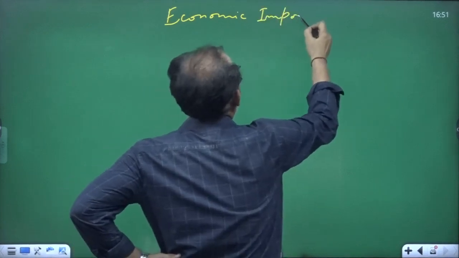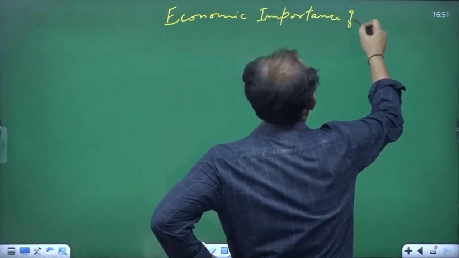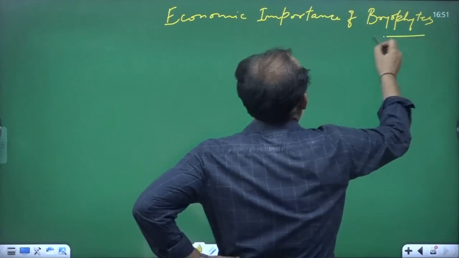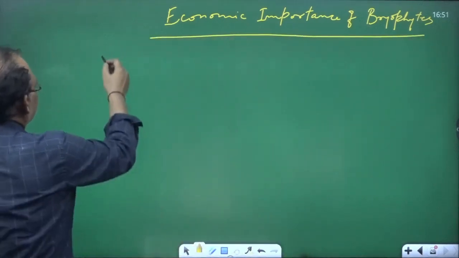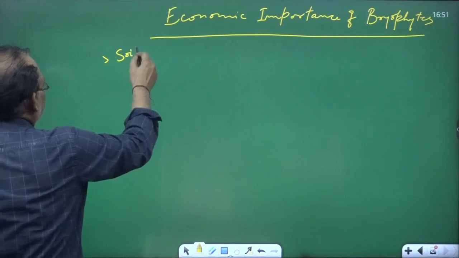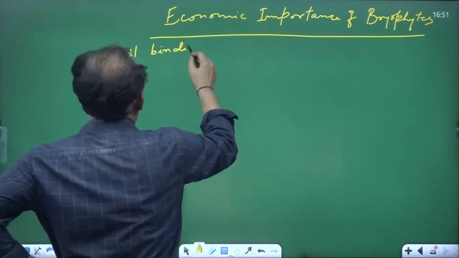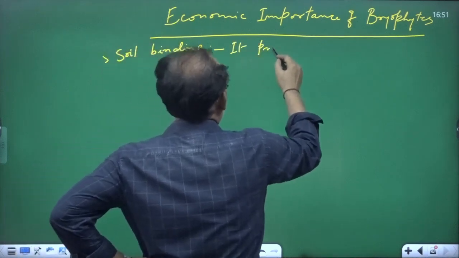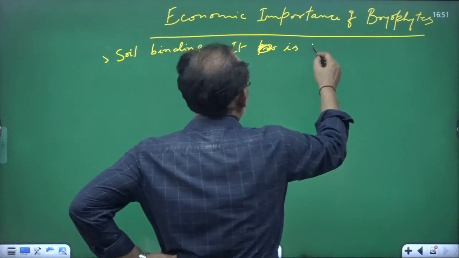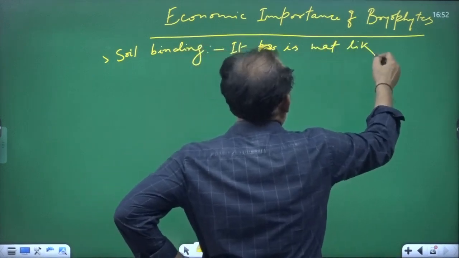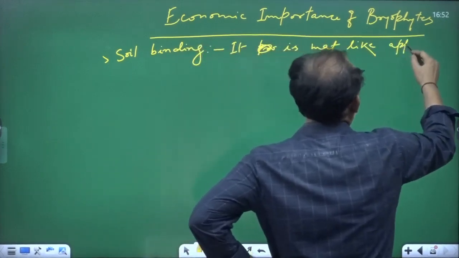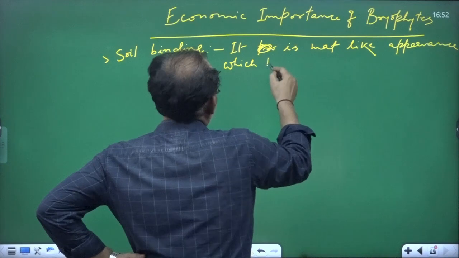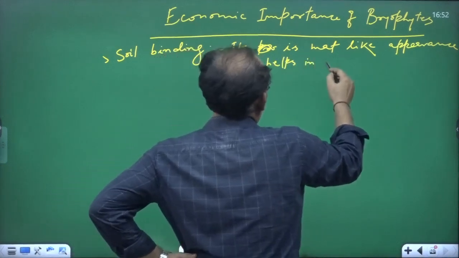Economic importance of bryophytes. First one you write, it helps in soil binding. It has a mat-like appearance, which helps in soil binding.